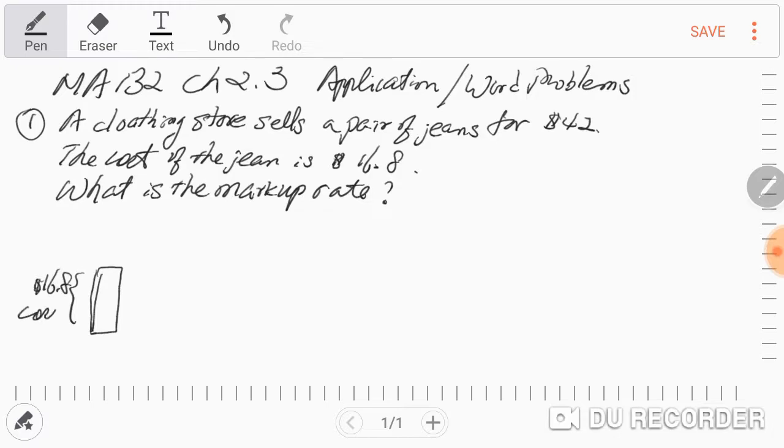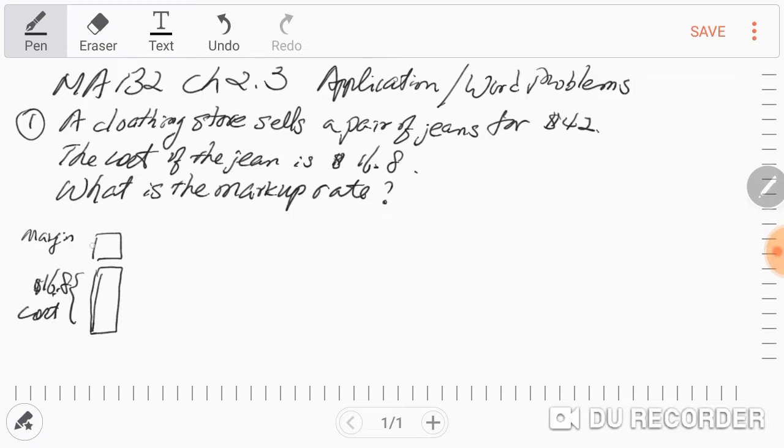This is the cost. So a shop owner buys a pair of jeans at $16.80 and puts some margin on this cost. So this is the margin.